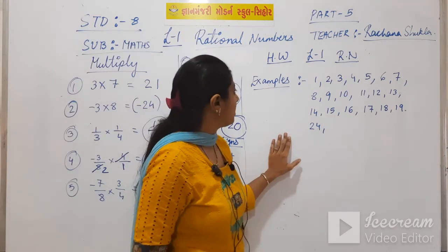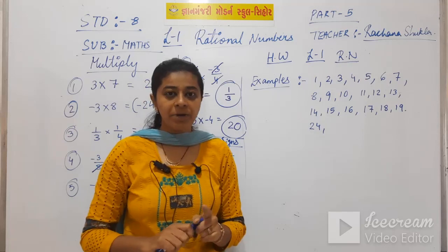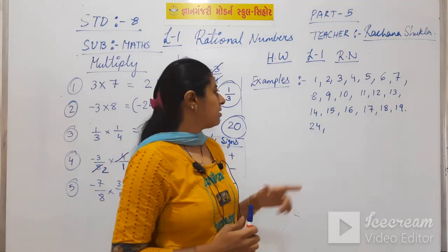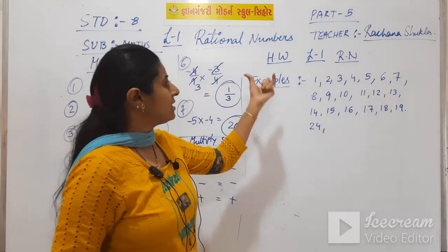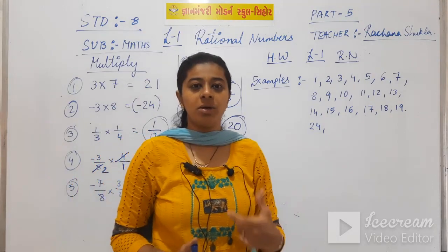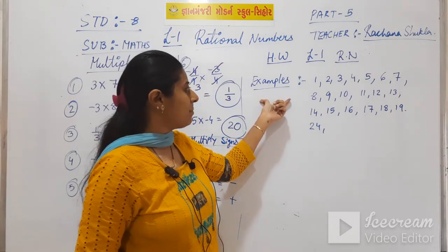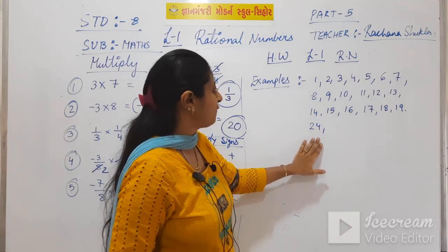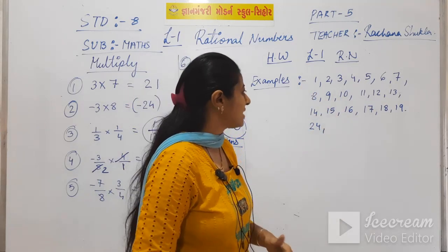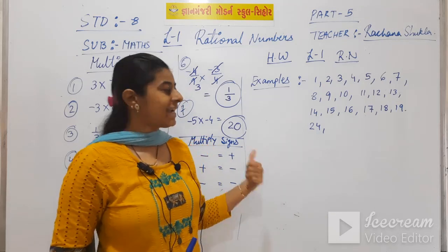So students, today you will make a separate example book, and in that example book you will put the heading lesson number 1 rational numbers, and you will start doing the examples from 1 to 24. In between some examples are cut, so don't do those examples.